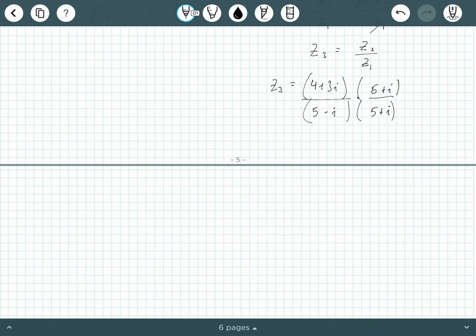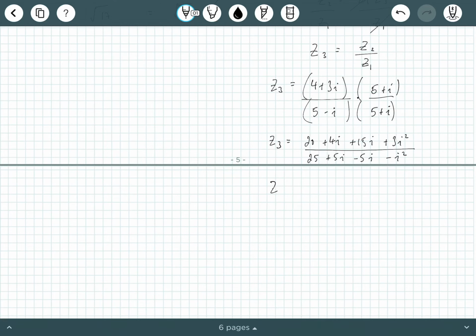So Z3 will be equal to 4 by 5, which is 20, 4 by i, which is 4i, 3i by 5 is 15i, plus 3i squared, over 5 by 5 is 25, plus 5i minus 5i minus i squared.